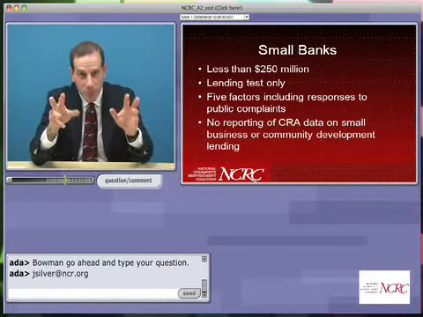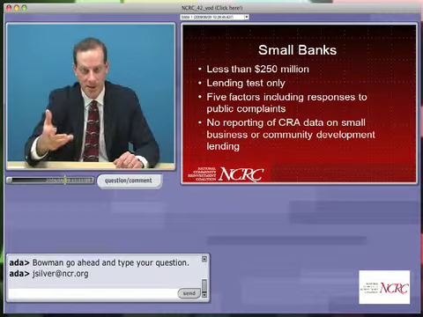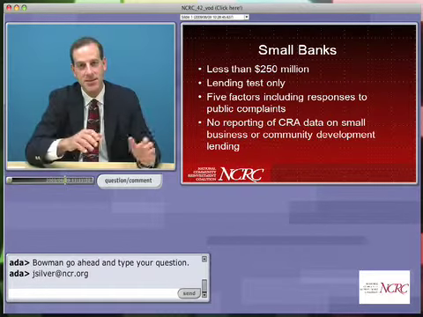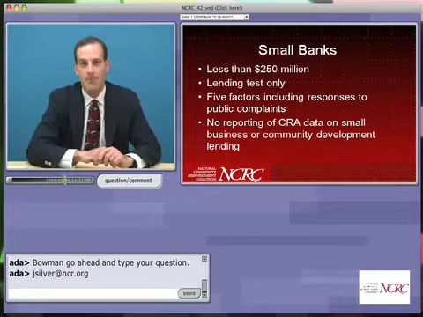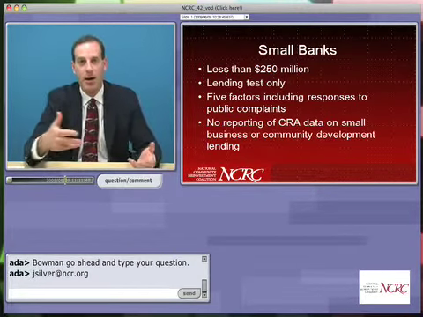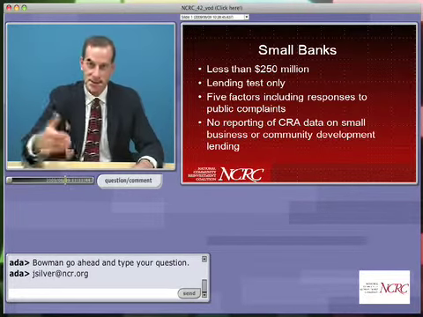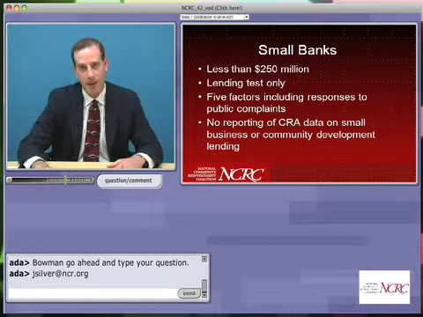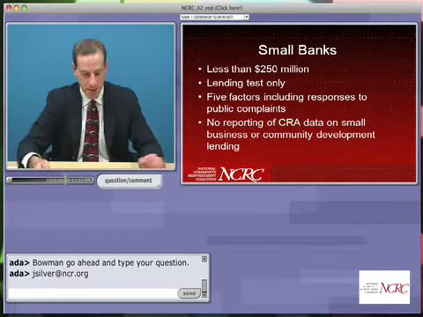They can get bonus points for doing investments or something called a community development service, but their test is really just a lending test. The test is, quote unquote, the easiest for the smallest banks because the regulators have judged, well, these are the smallest banks, so they don't have the capacity to do all the activities that the larger banks undertake.